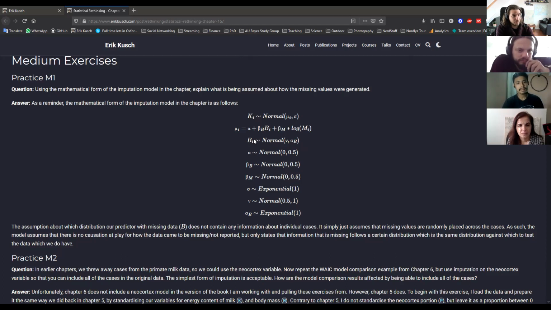We make some assumption about the distribution of the data in B, but we don't make any statement about what leads them to be missing, what causes them to be missing. What we're looking at here is basically missing completely at random. Does that make sense?